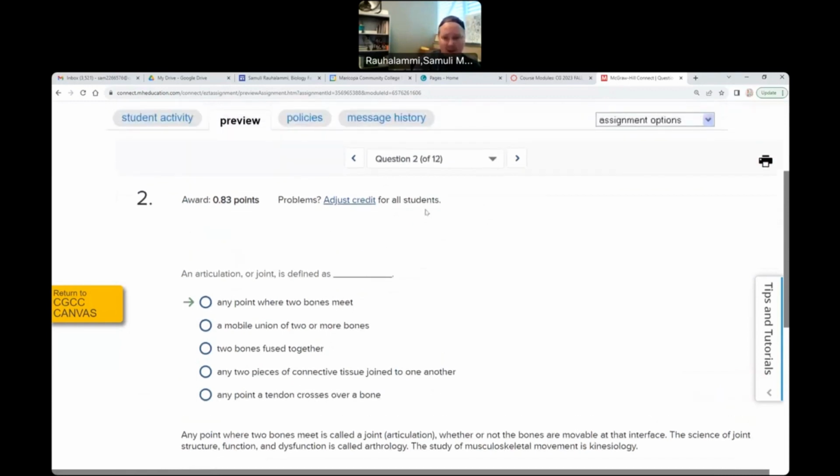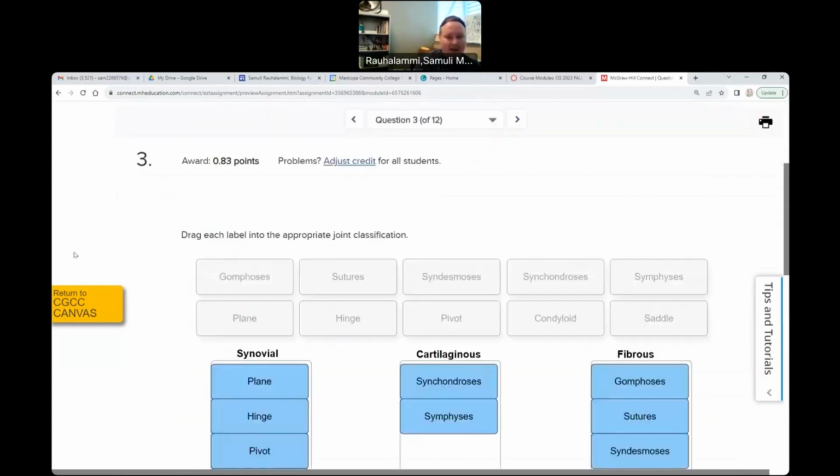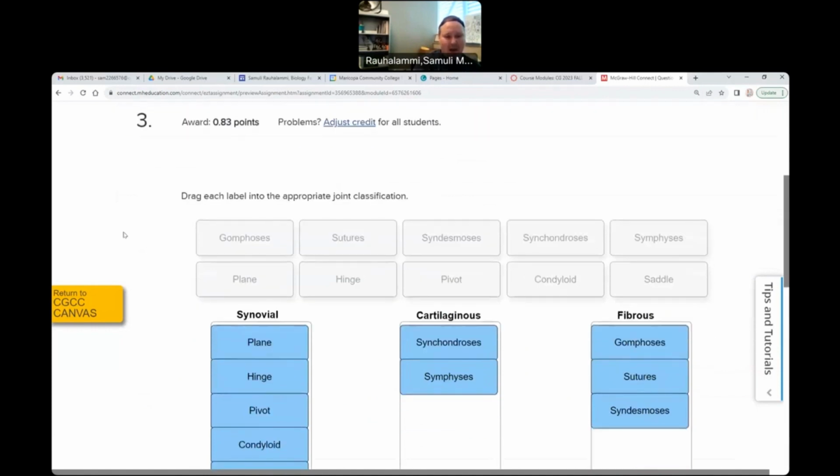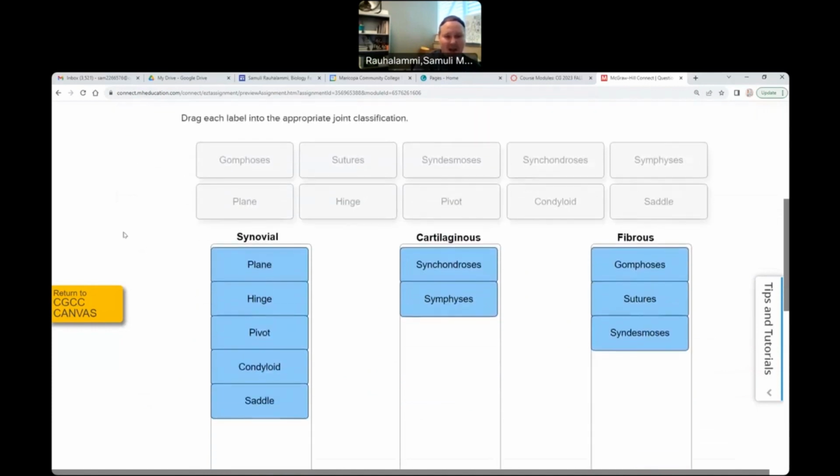Then we have again these familiar drag and drop questions where we're classifying joints into different categories. So we're seeing synovial joints listed. They could be plane, hinge, pivot, condylar, saddle, cartilaginous joints, synchondrosis, symphysis, fibrous ones, gomphosis, sutures, and syndesmosis.